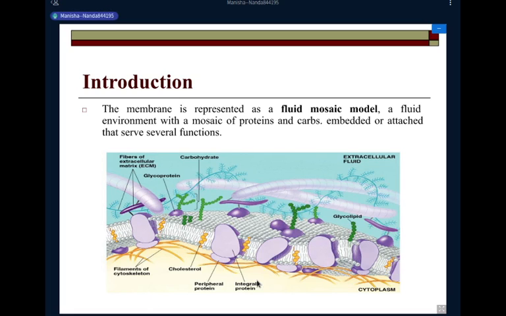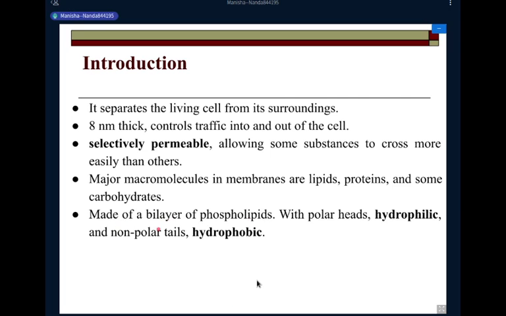Okay, all right, let's move ahead. So, it is a bilayer of phospholipids with polar heads, which are hydrophilic in nature. Hydrophilic means water loving, and hydrophobic means water repelling, one that hates water, right?